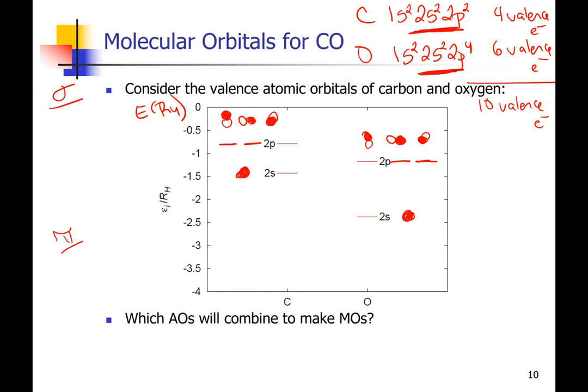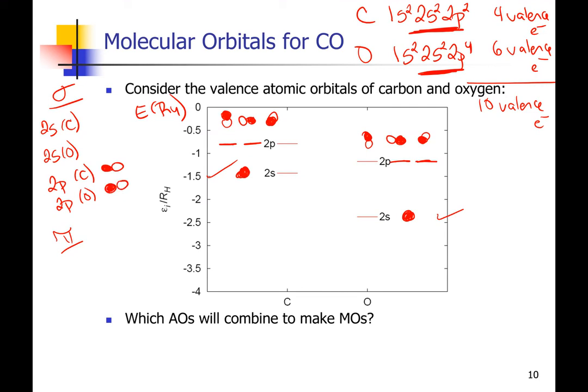So looking at those, the easiest category is always to say that the 2s atomic orbitals must be sigma symmetric. So in this case, we've got the 2s on the carbon and we've got the 2s on the oxygen. Looking at our 2p orbitals, the one that's pointing left and right is the one that is pointing directly along the bond axis. So 1 2p orbital on carbon and 1 2p orbital on oxygen is going to also be sigma symmetric.